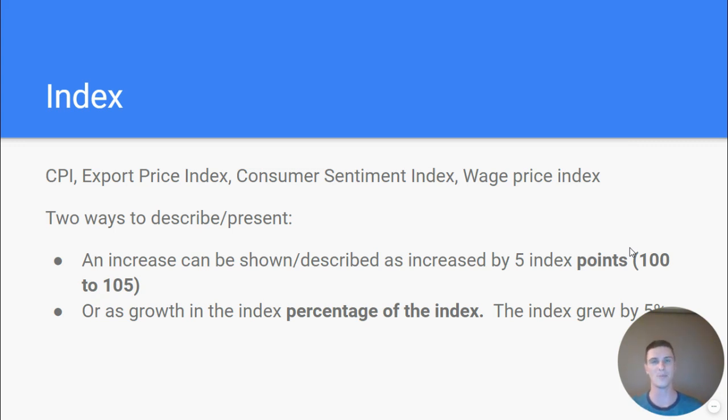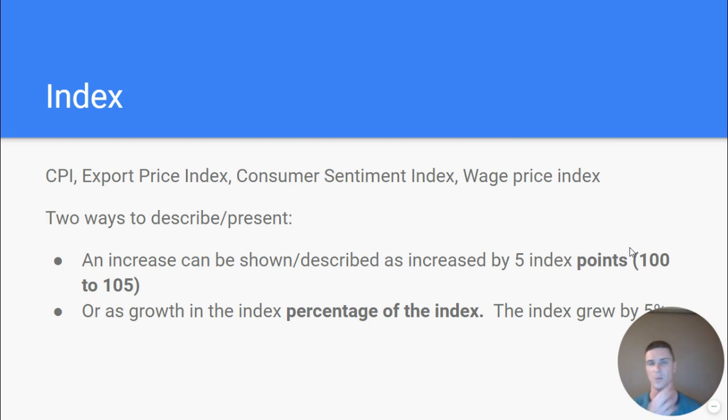It would be very annoying, it would be very boring, and nobody would listen. So what the CPI does, or what an index does, is just bring complicated data sets down to one number. Rather than having 100,000 data points, we just get one number, which tells us what's going on.